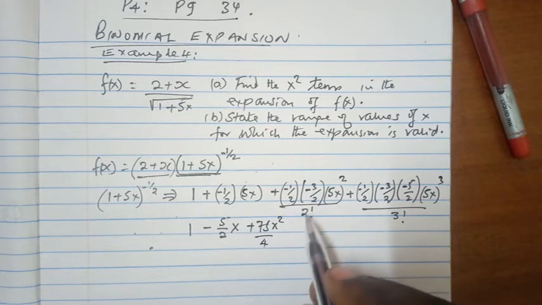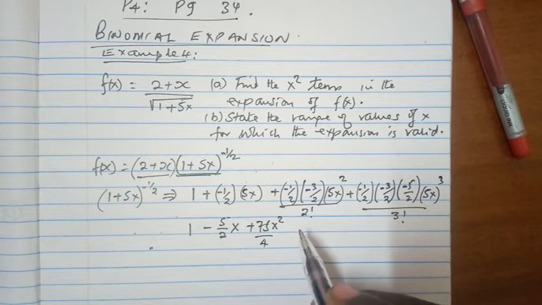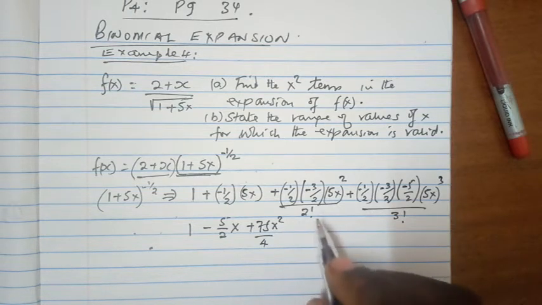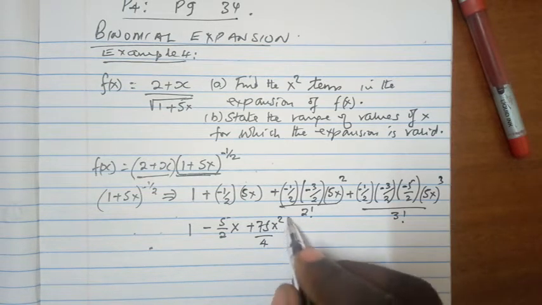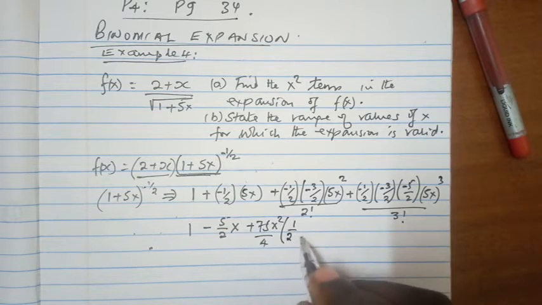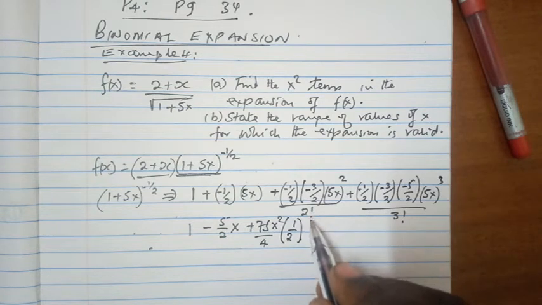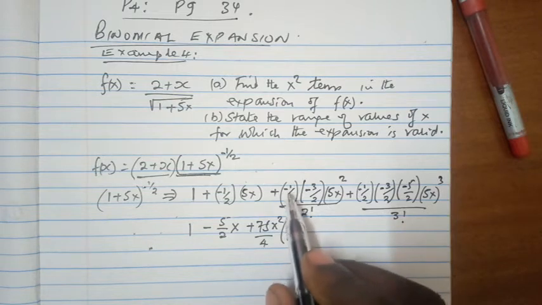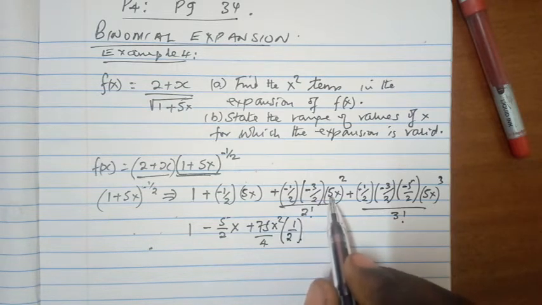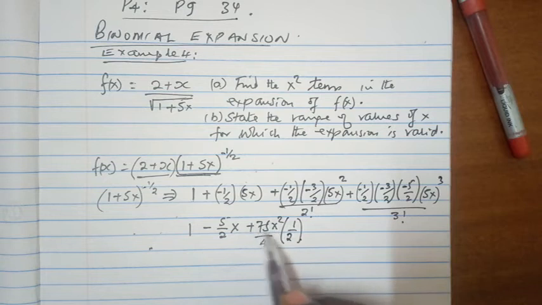Of course, you divide by 2, and dividing by 2 means multiplying by 1 over 2 times 1, because 2 factorial is 2 times 1. So the whole of this, minus 1, minus 3, and 25, is all here.